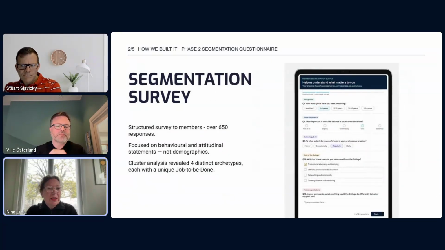And once we had this really nice and rich pool of verbatims and opinions, we got nice qual insights and themes from the members and who they really are. And we designed a structured segmentation survey and deployed it into the college's full member database using the Leanlab platform.